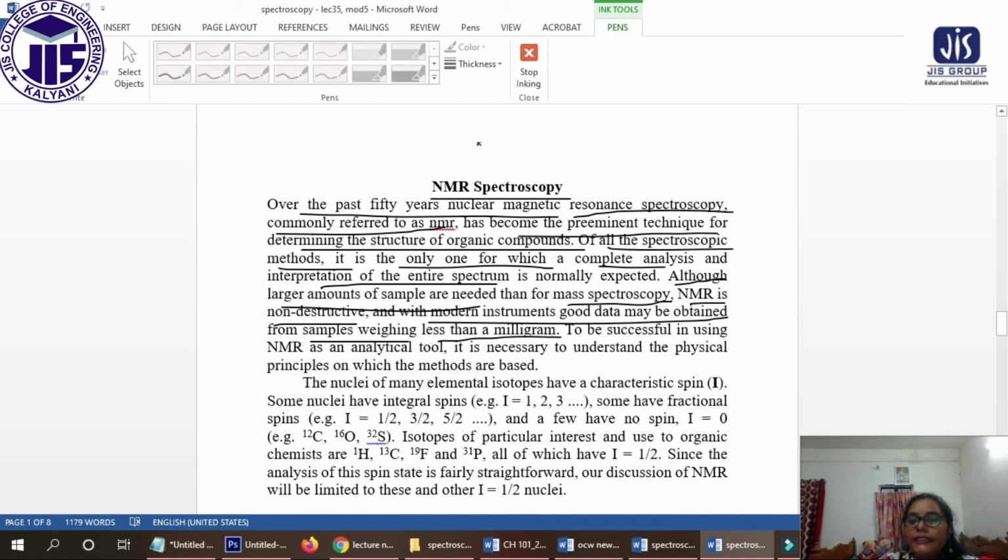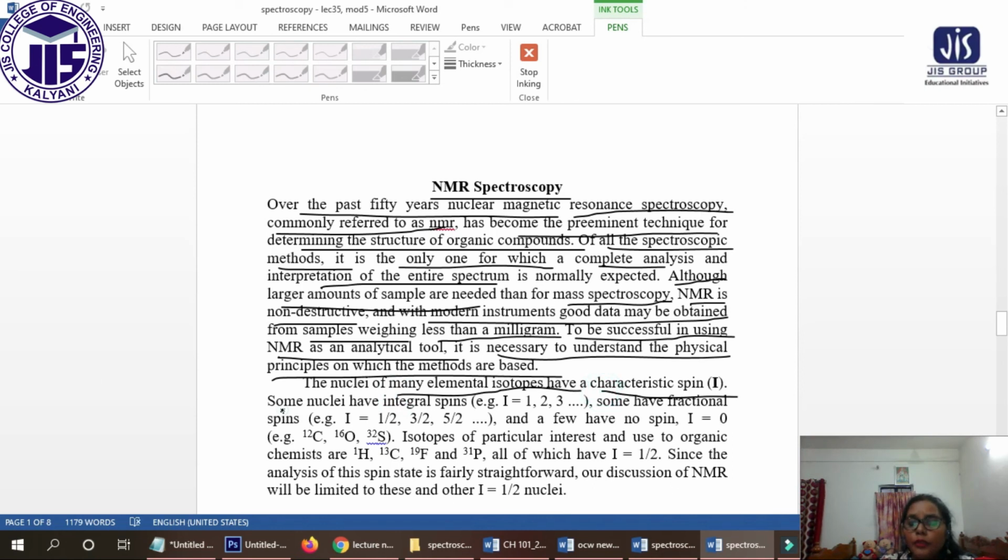Now, this is NMR. To be successful in using NMR as an analytical tool, it is necessary to understand the physical principles on which the method is based. The nuclei of many element isotopes have a characteristic spin.